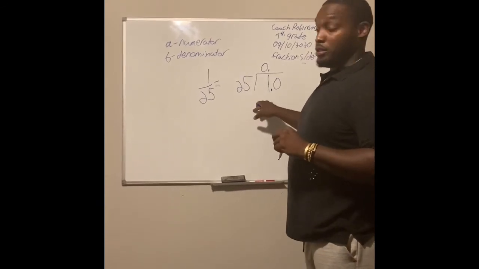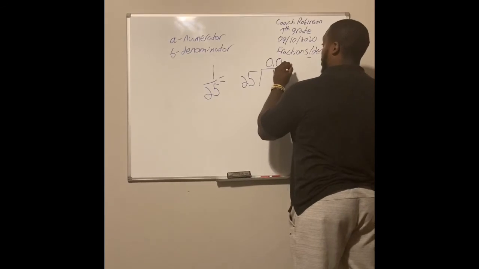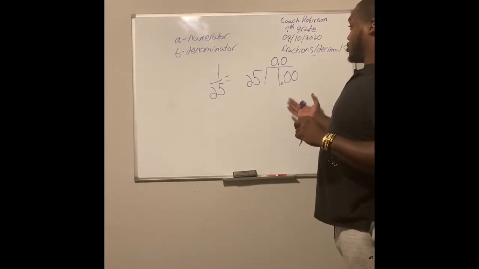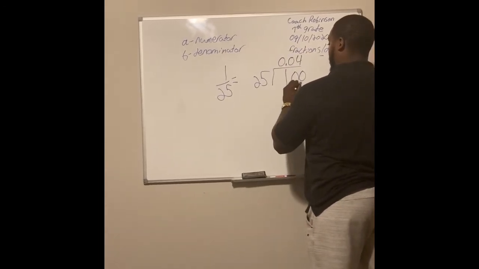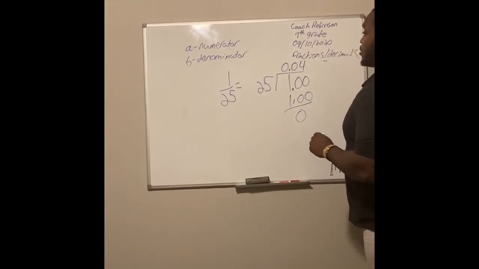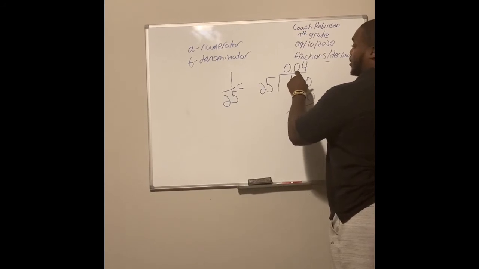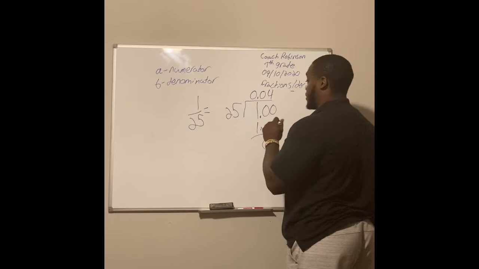25 cannot go into 10 either. So another 0 comes, and then you drop the 0 down here. And 25 goes into 100 4 times. That's your answer. So the answer, 1 over 25 is equal to 0.04, hundredths.